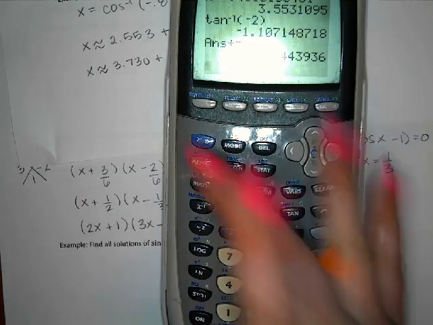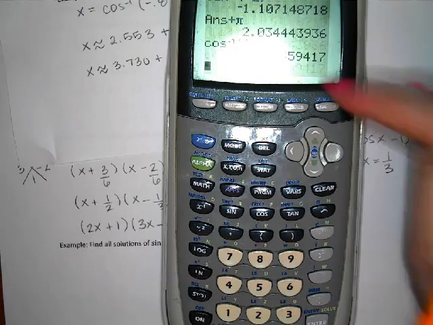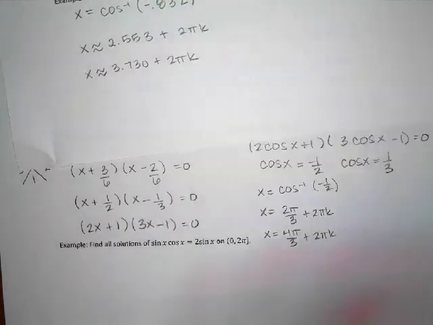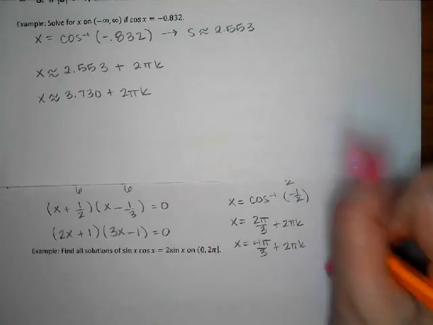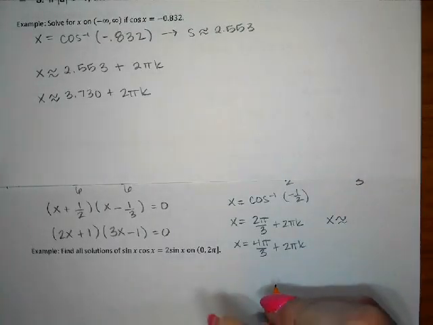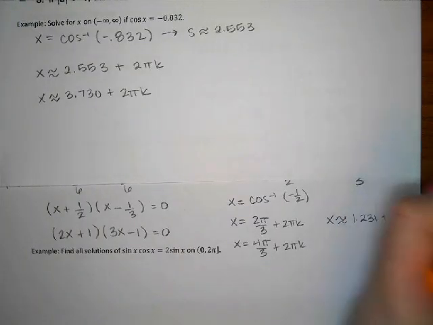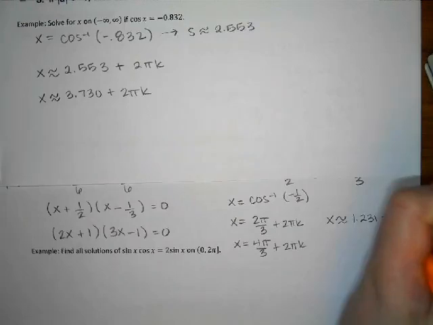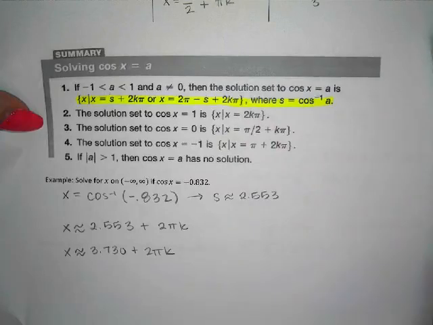And so it says for the first one, just do s plus 2 pi k. That's 1.231. Okay, and then for the second answer, do 2 pi minus s. That's .052.